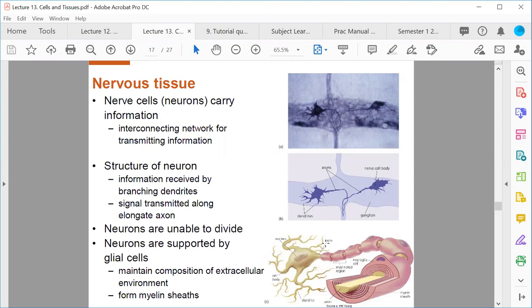The axon itself is supported by several different cells, and these are called glial cells. The glial cells will form a very important protective sheath around the axon called the myelin sheath.